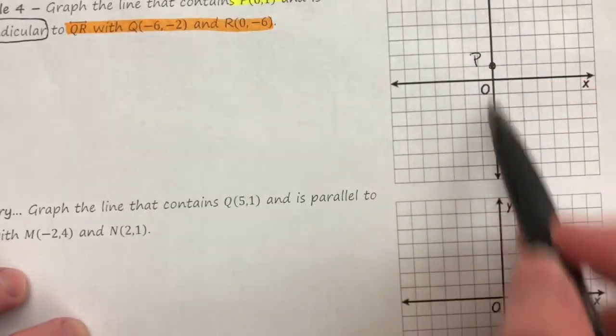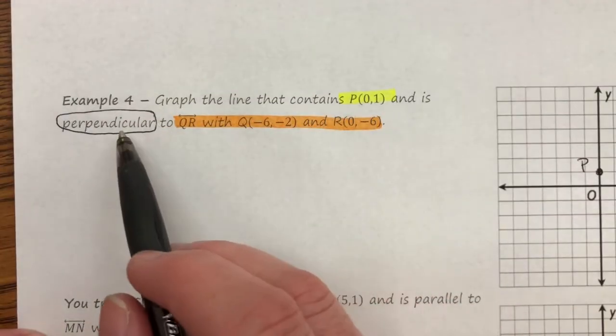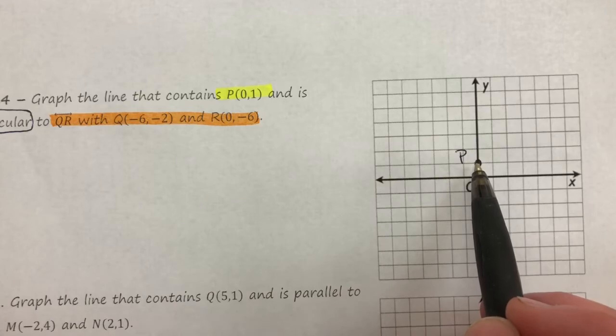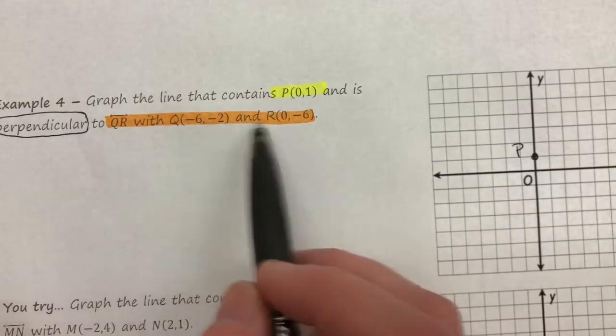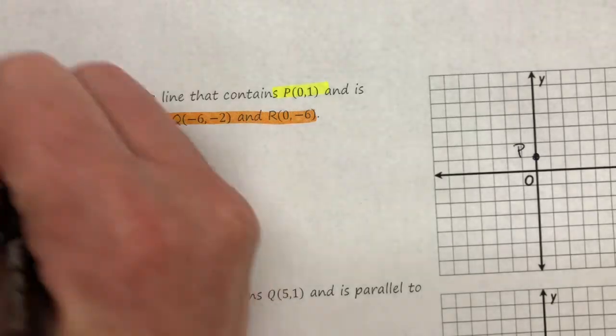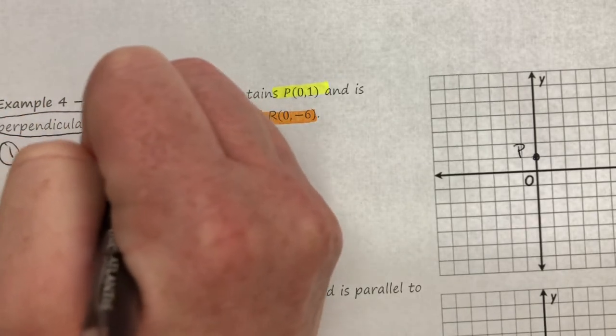They're kind of like the Y and the X axis intersect each other at a 90-degree angle. That's what perpendicular means. So our line is going to intersect through point P and be perpendicular to this line. So the first thing we need to do is figure out what the slope of QR is. Slope of QR.